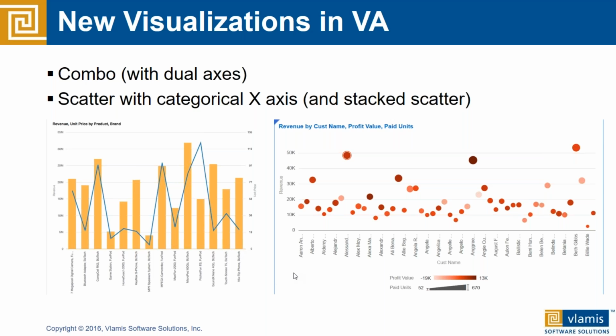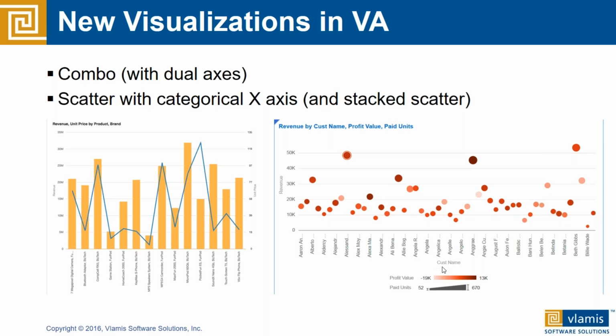We also have the ability with a scatter chart. Most of you are probably familiar with seeing scatter charts that have two axes. One, for instance, a revenue axis going up, and you might plot that against something like price, another numerical measure. That's the way you had to do scatter charts before. Now we have the ability with a scatter chart to put a categorical axis on the x-axis, such as, for instance here, customer name.